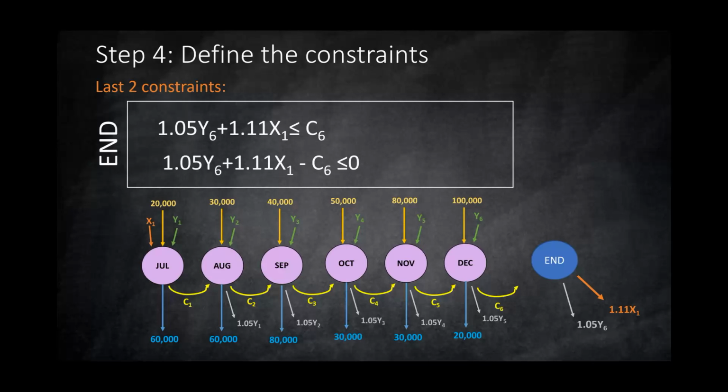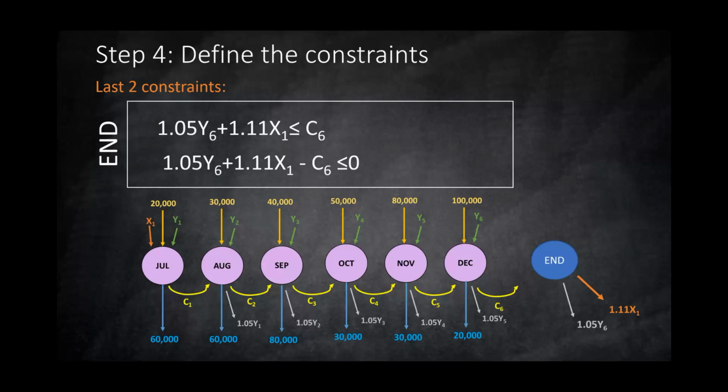We also need to make sure that the carryover amount is enough for us to pay these loans. So what we're looking for is that Y6 and X1 together will be less than or equal to C6. That's the constraint that we call the end constraint.